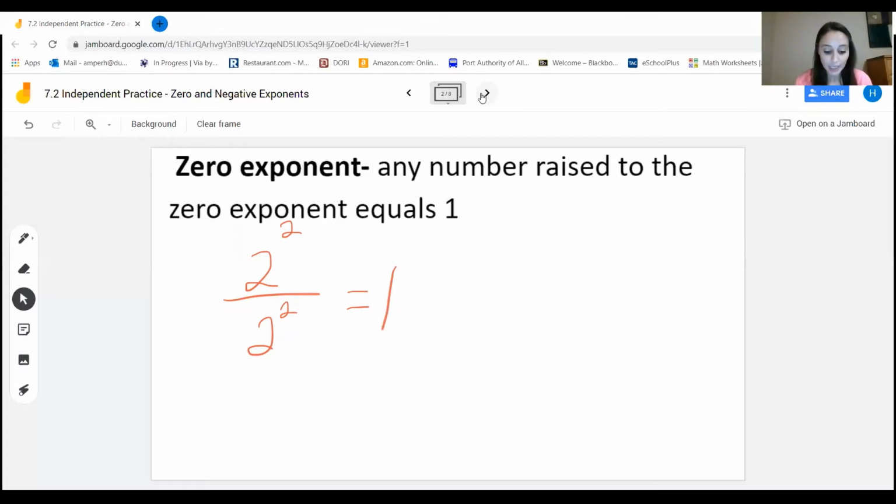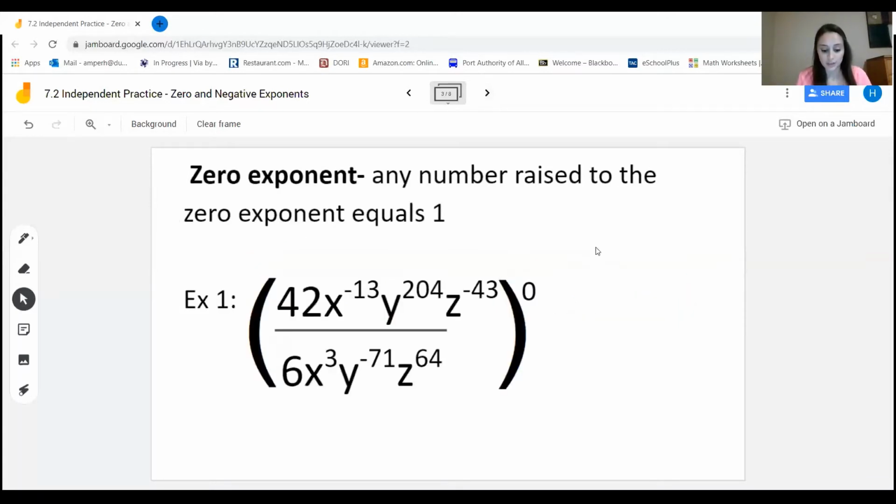So if we applied the division rule, we would get 2 to the 2 minus 2 is 2 to the 0, which is 1, okay? So that's where that comes from, is we're basically just dividing the same number by itself to get 1. So just remember that anytime there's an exponent of 0 to a number or to a set of numbers in parentheses, the answer is going to be 1.